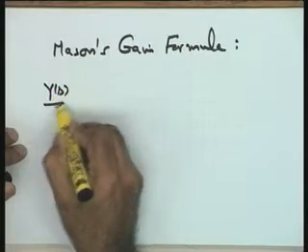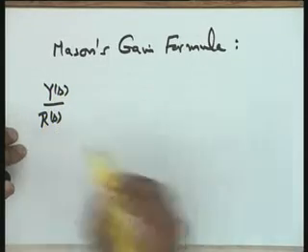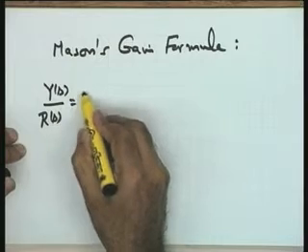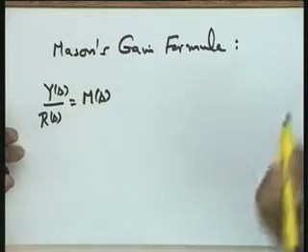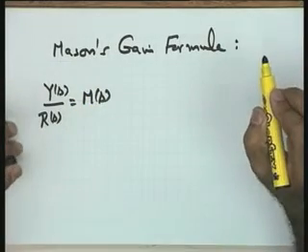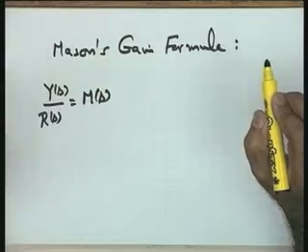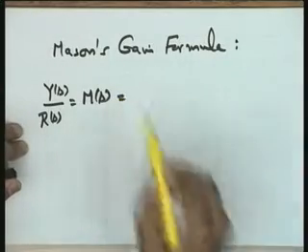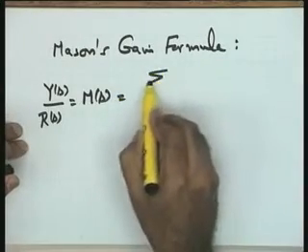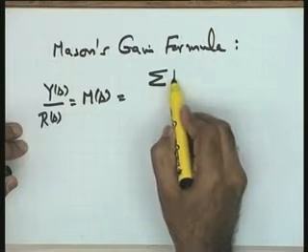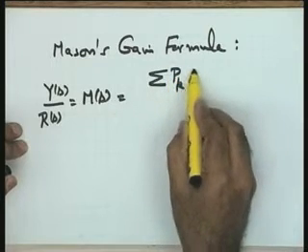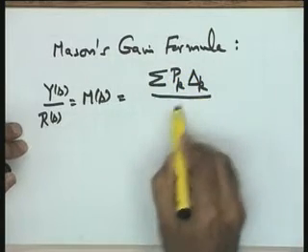So, the overall transmittance of the signal flow graph is Y(s) over R(s), for which M has been used to represent the closed loop transfer function. M(s) is equal to, please take this point very clearly, sigma Pk delta k over delta.